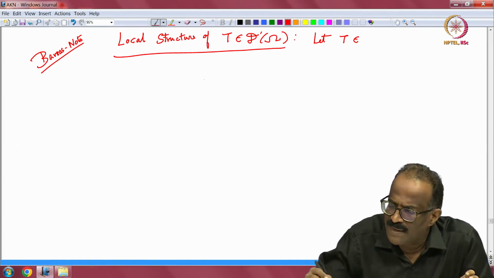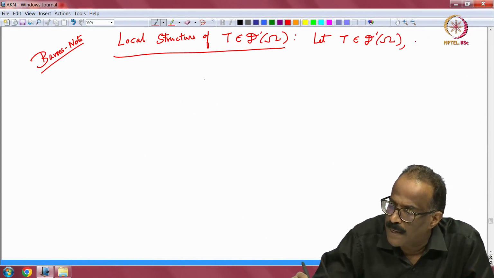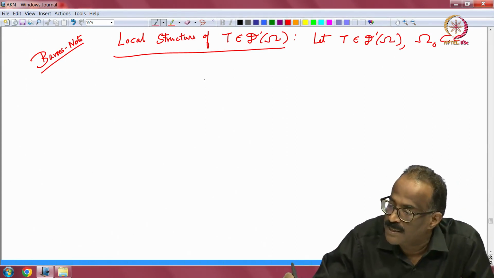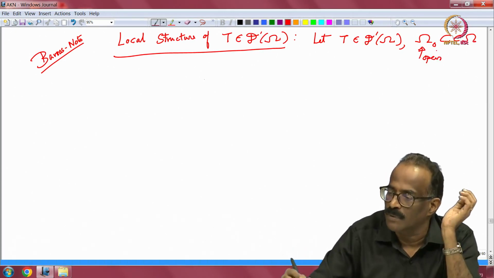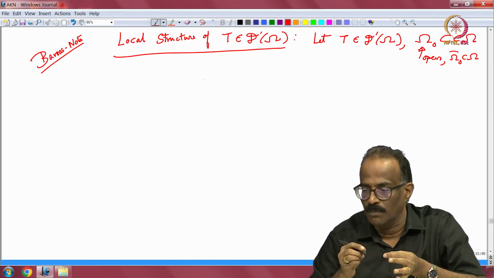So, T belongs to D prime of omega, and omega naught is compactly contained in omega. This is open, and omega naught bar is also contained in omega, so you can't go to the boundary.